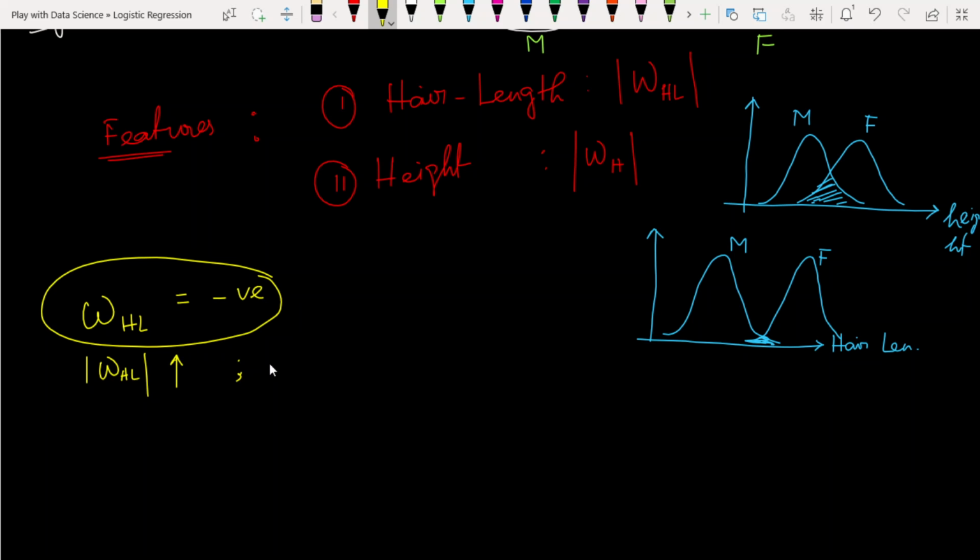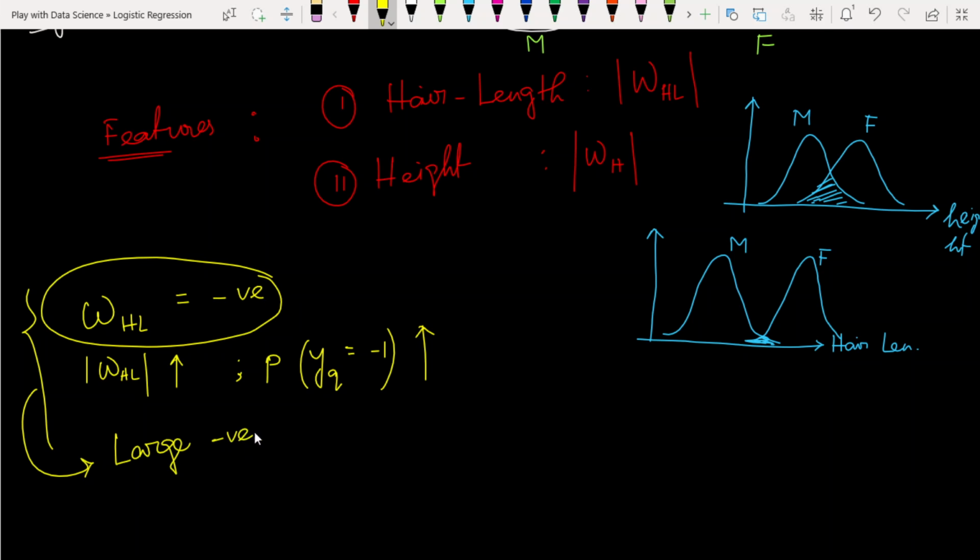Then what will be the probability? Its class is negative, which means it belongs to female. So, to conclude in a single phrase, a large negative weight value.